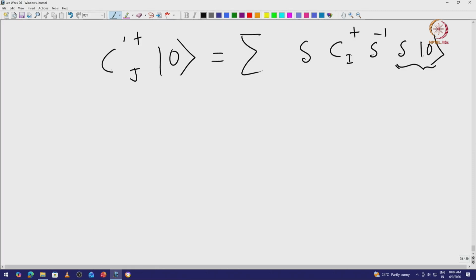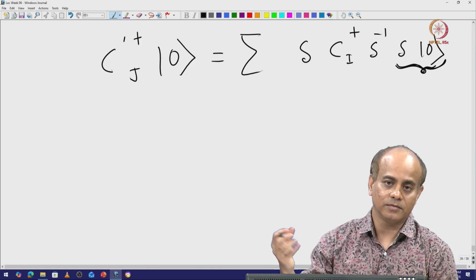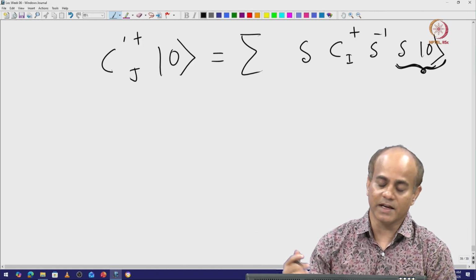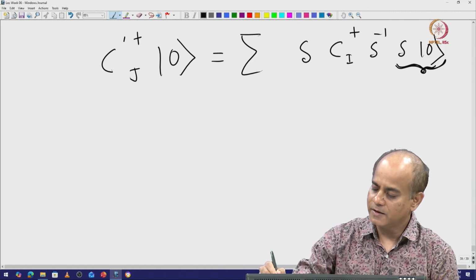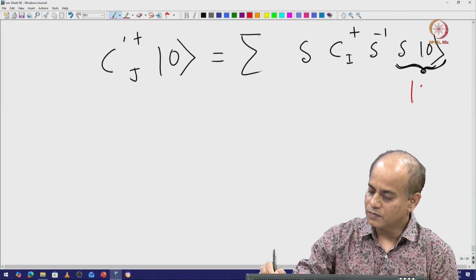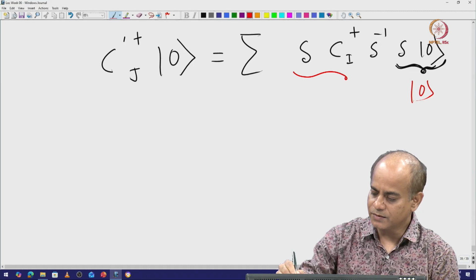But here the vacuum we are talking about is truly no particle, and under any symmetry it just remains vacuum. So this remains. So then this is the transformation.